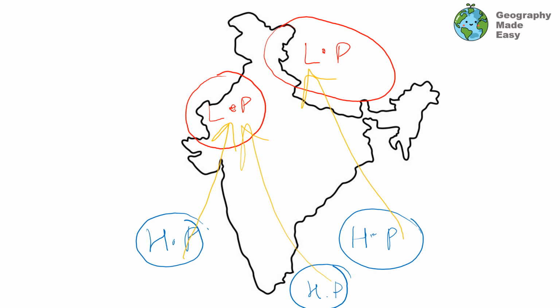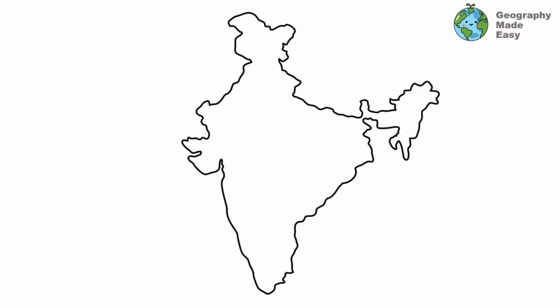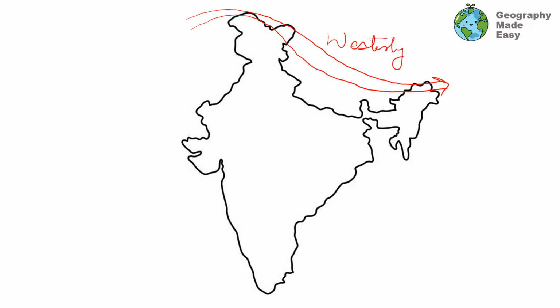Now Flohn came and modified this theory by bringing in the equator and the apparent shifting of the sun. But this is known as the westerly jet stream. During the winter months, we see the westerly jet stream blowing over the Himalayas and the Tibetan Plateau.